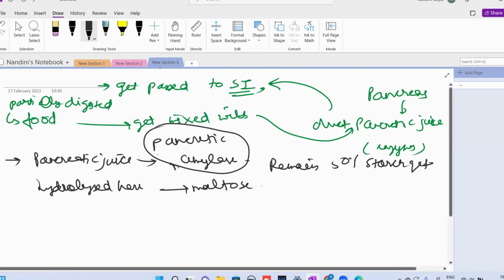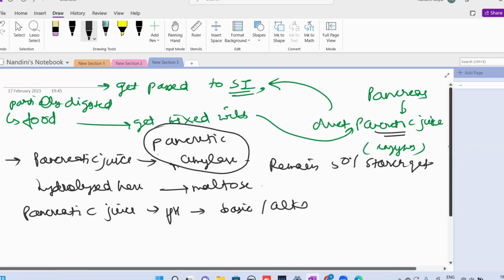So now our 100% carbohydrate gets digested. Now see, the pH of the secretions of the pancreatic juice is basic or alkaline. Alkaline means basic.